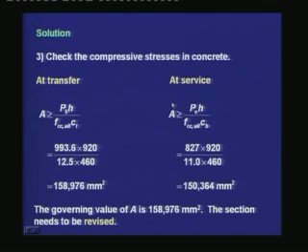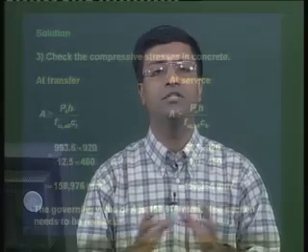At service, the area should be greater than Pe times h divided by fcc allowable times Cb, and once we substitute the variables, we find that A should be greater than 15364 millimeter square. Thus, we have two conditions for the area of the section, and we select the higher value out of these two.